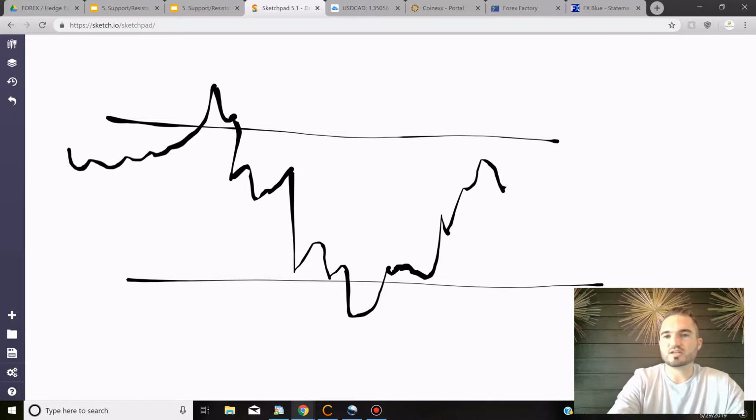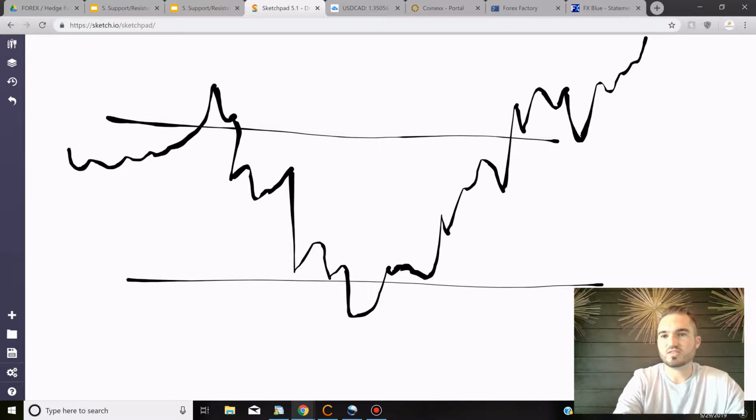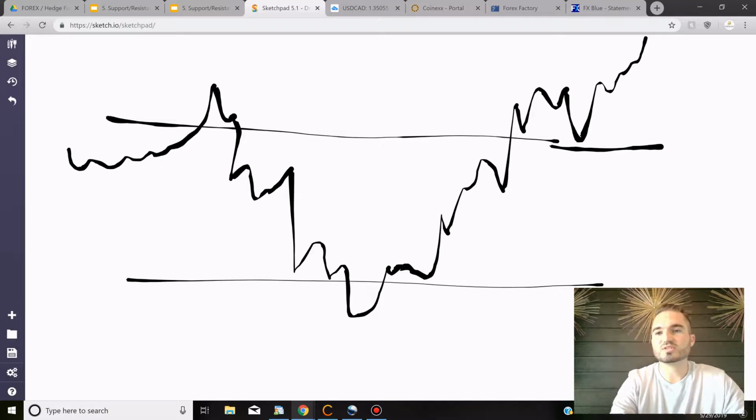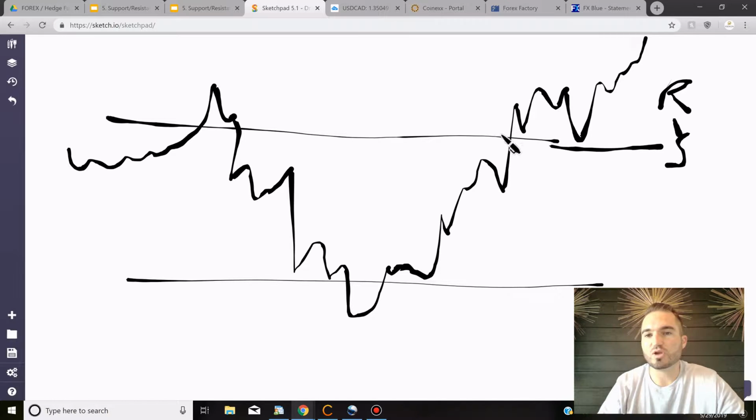Something you want to pay attention to is if it breaks through and then goes like this, right there, that's when the resistance, I'm just going to put R, becomes the support line. So right there, it breaks the resistance and then it comes down and hits it, and now that becomes our support line, and it tends to go up.